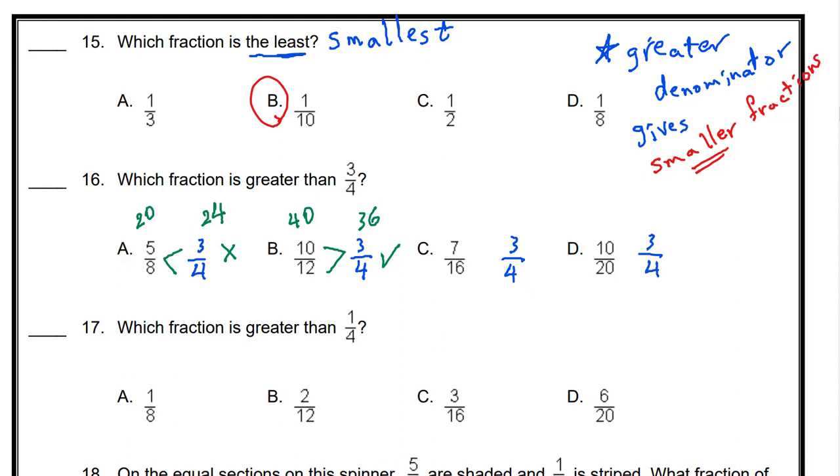4 multiplied by 7 is 28. 16 times 3: 6 times 3 is 18, write 8 and carry 1. 1 times 3 is 3 plus 1, 4.